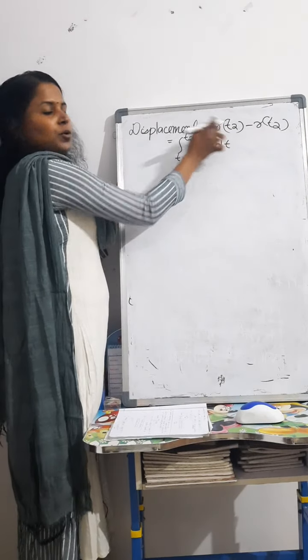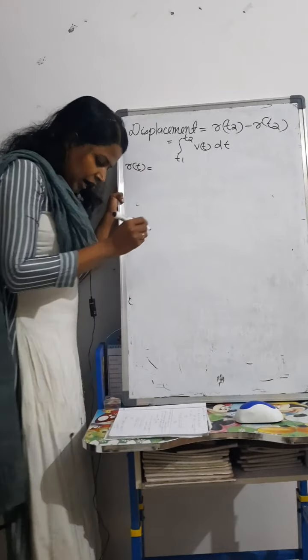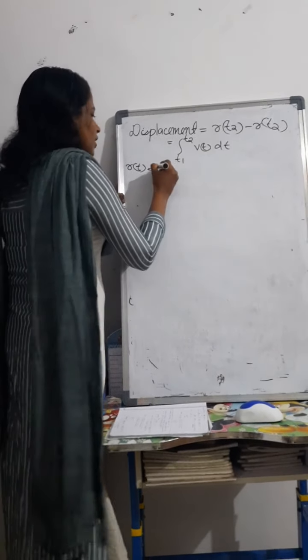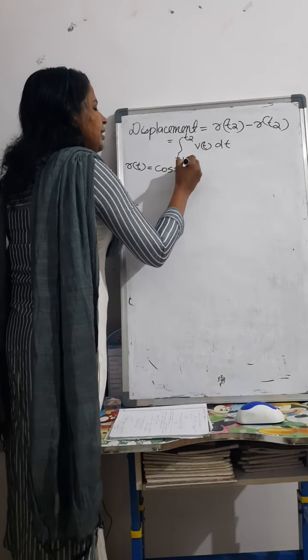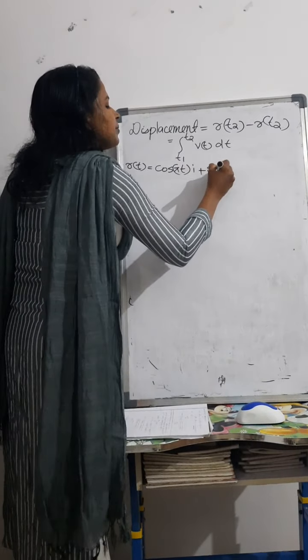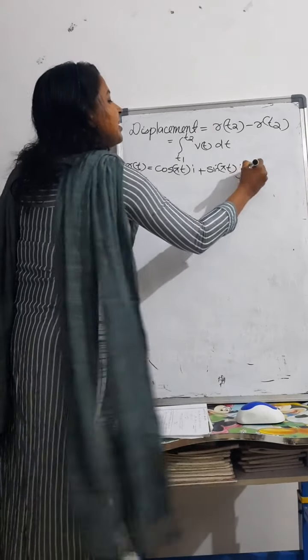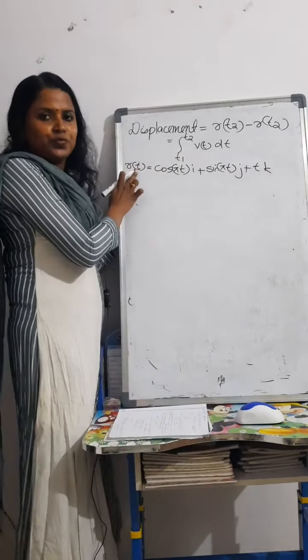Here using this formula, what is r of t? R of t is given: r of t is cos pi t i plus sin pi t j plus t k. This is r of t.